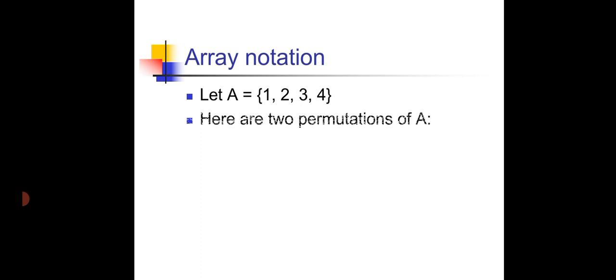In array notation, consider a set A equal to the set of all elements 1, 2, 3, 4. Here we have two permutations on the set, alpha and beta. Alpha maps 1 to 2, 2 to 3, 3 to 1 and 4 to 4.